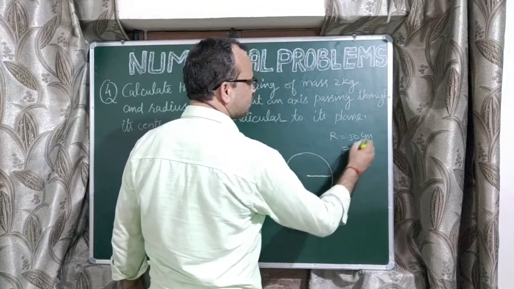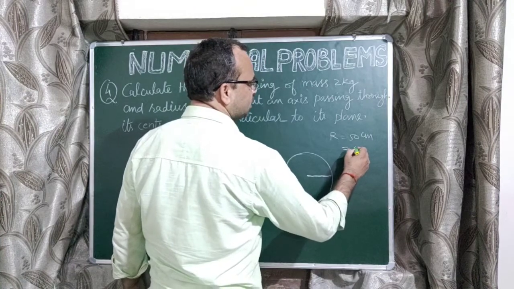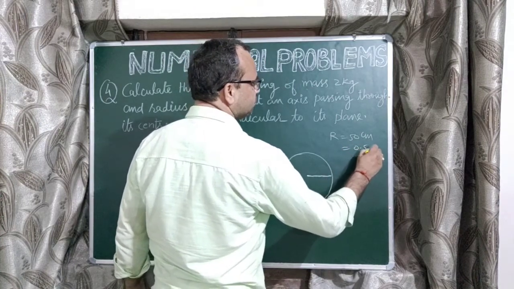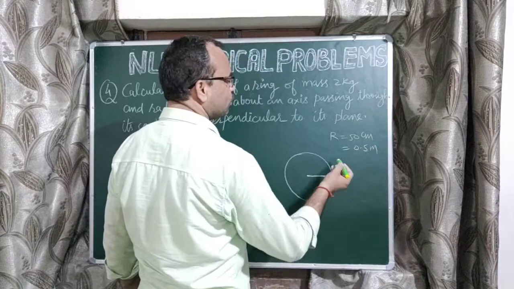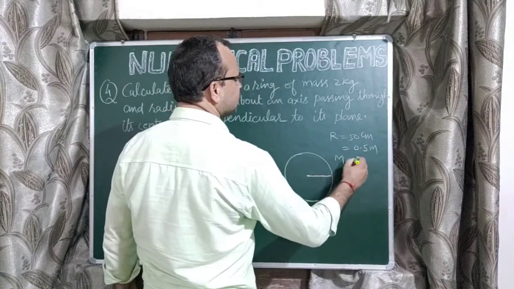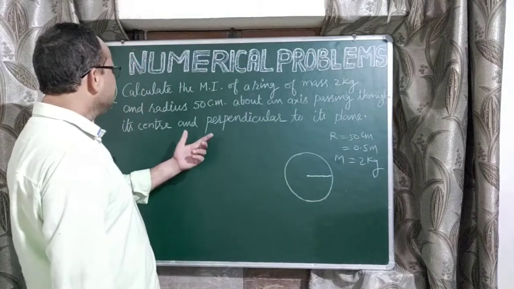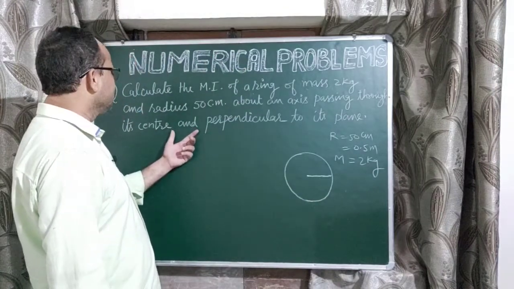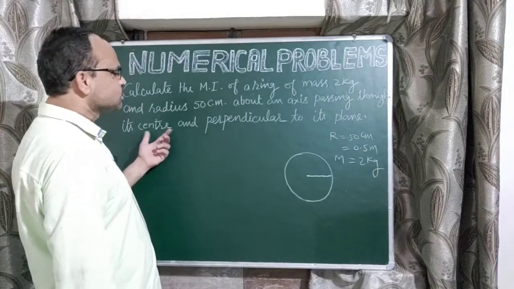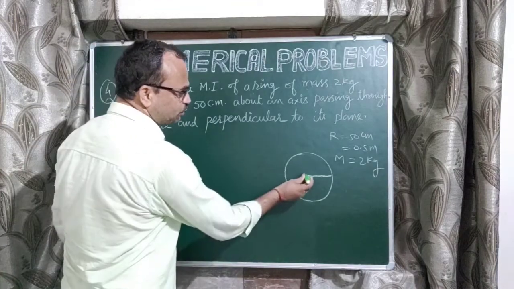So R equals 50 centimeter. First we convert 50 centimeter into meter, 0.5 meter, by dividing by 100, and mass is given as 2 kg. We have to find the moment of inertia of this ring when the axis passes through its center and perpendicular to its plane, like this.